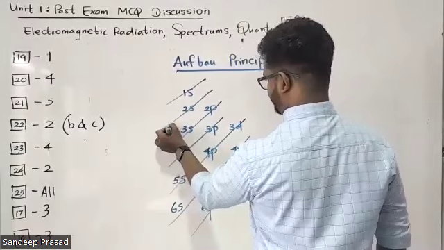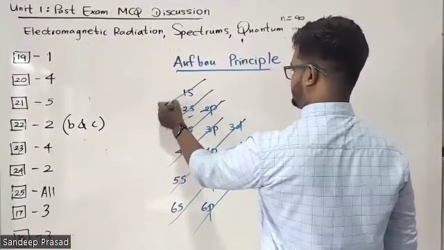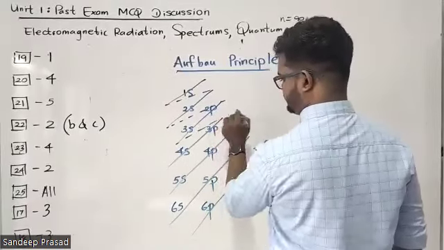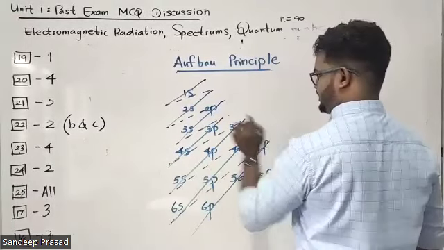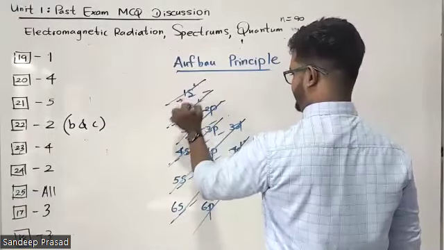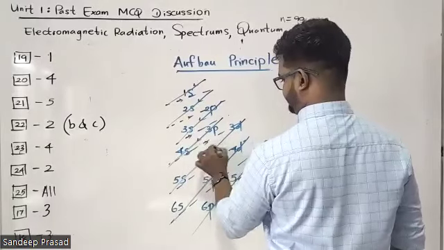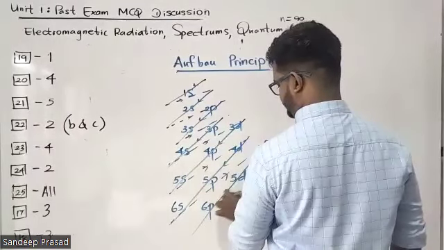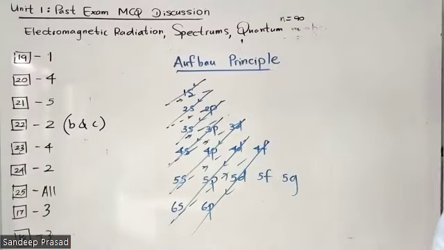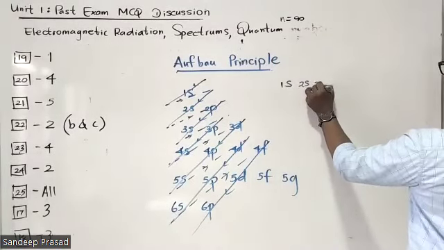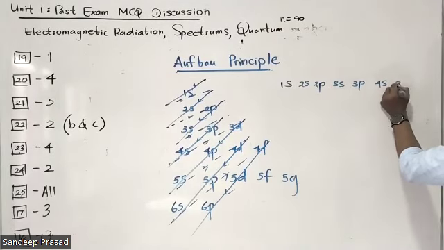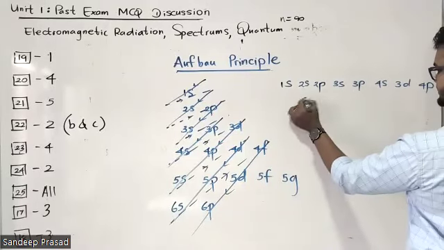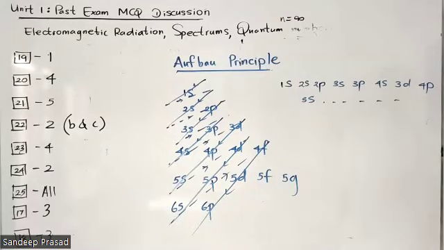This is the Aufbau principle. Electrons are filling the atomic orbitals in this way. What is the order? 1s, 2s, 2p, 3s, 3p. Then we have 4s, 3d, 4p, 5s. Likewise, it continues. So you can see the correct order.